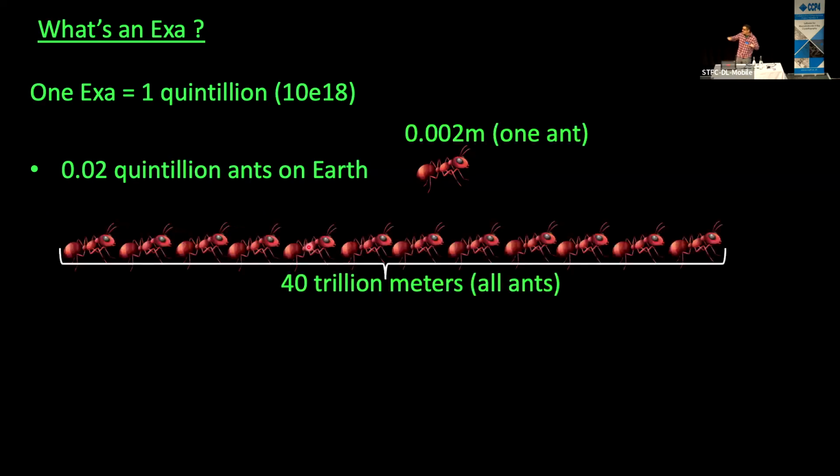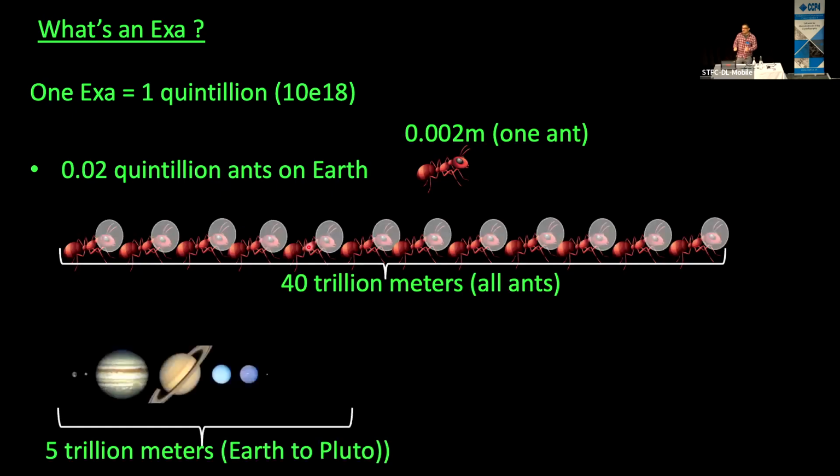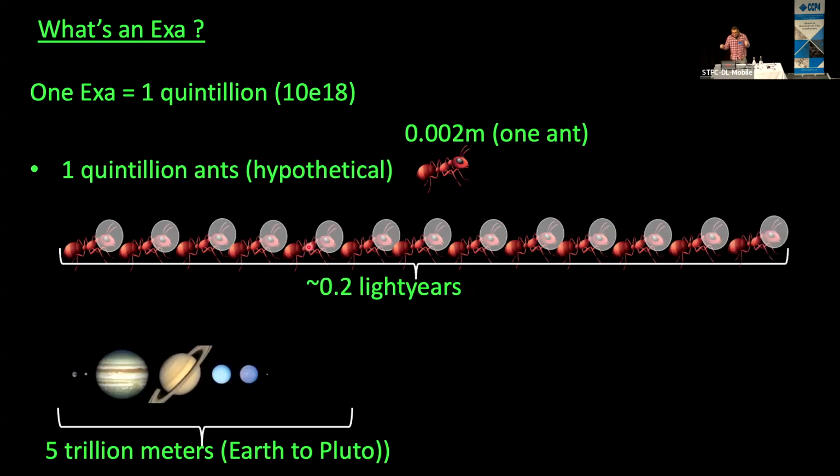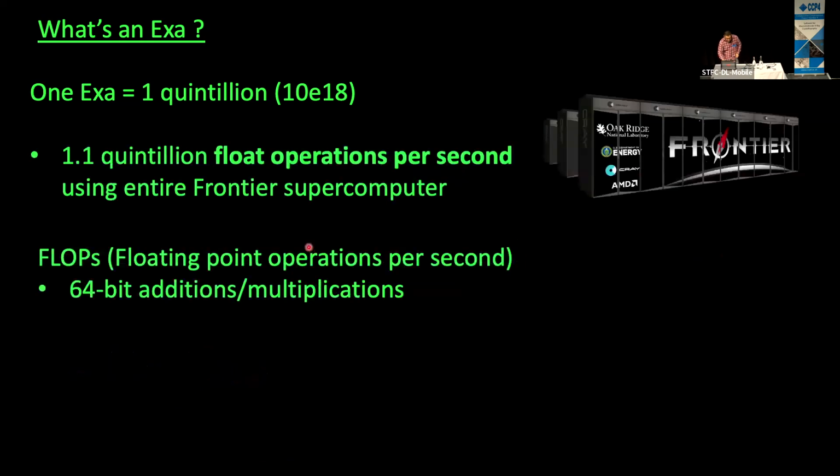If you were to stretch them out along a line, that would be 40 trillion meters, which is further than the Earth to Pluto, actually. I thought that was pretty interesting. And if you could hypothetically have an exascale population of ants, that would be on the scale of light years. So exa is a very large number.